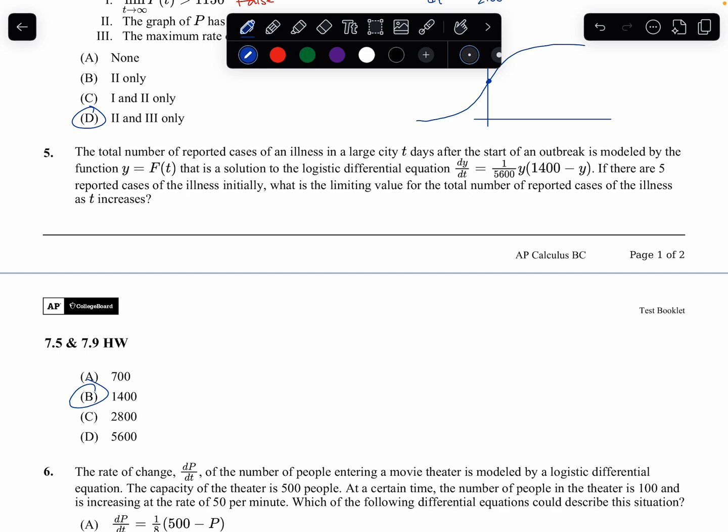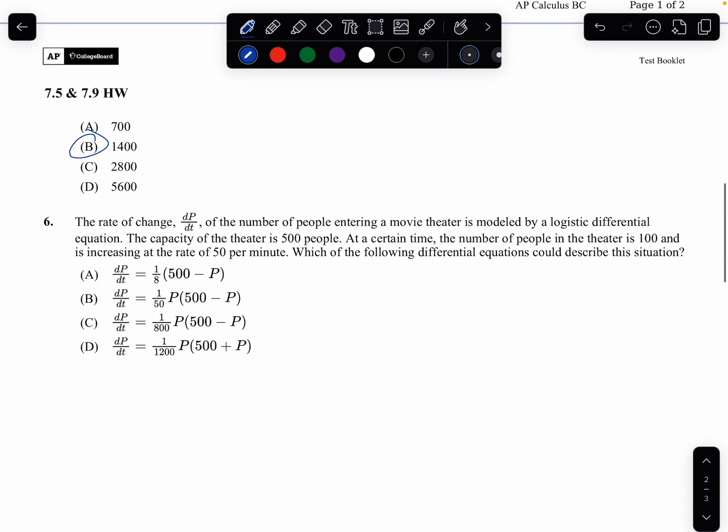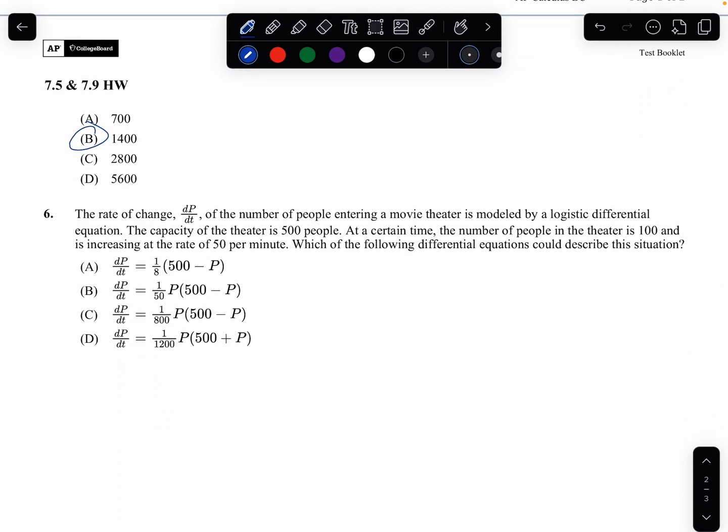The rate of change of the number of people entering a movie theater is modeled by the logistic differential equation. The capacity of the theater is 500 people. So 500 minus P, times K times P, is equal to our rate of change.